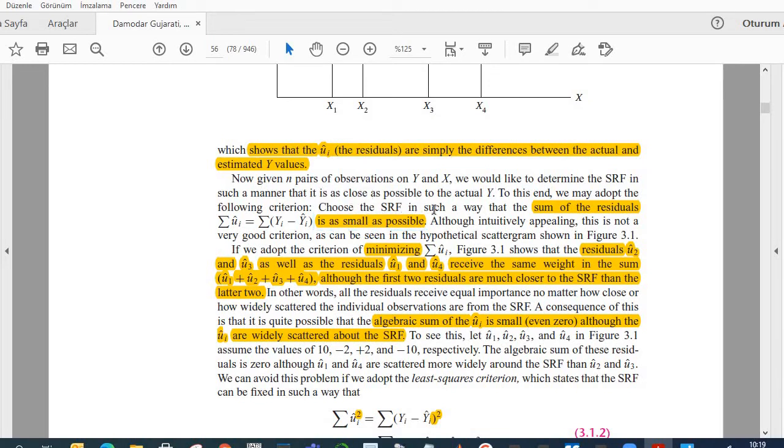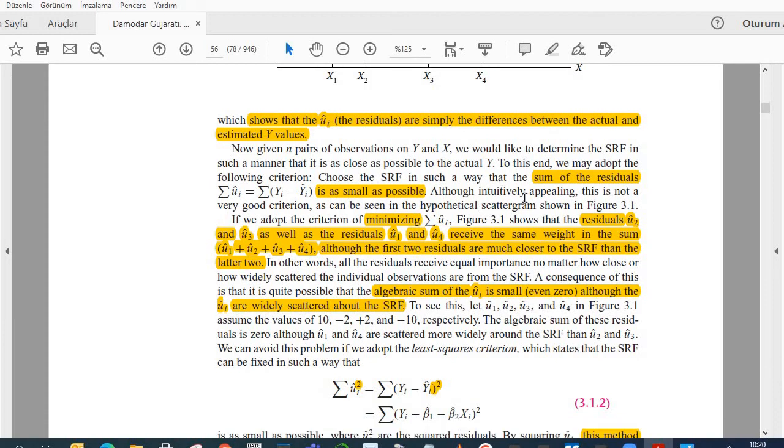Choose the sample regression function in such a way that the sum of the residuals is as small as possible. Although intuitively appealing, this is not a very good criterion, as can be seen in the hypothetical scatter plot.